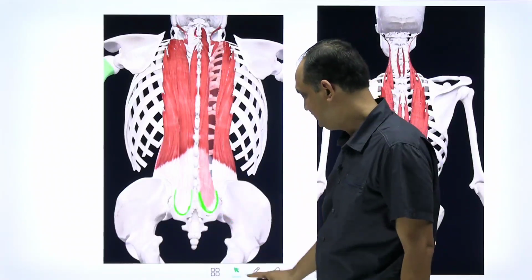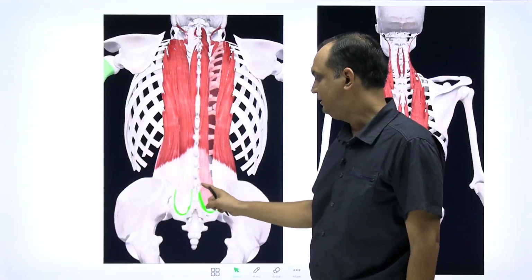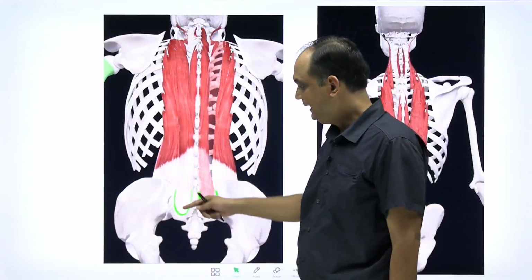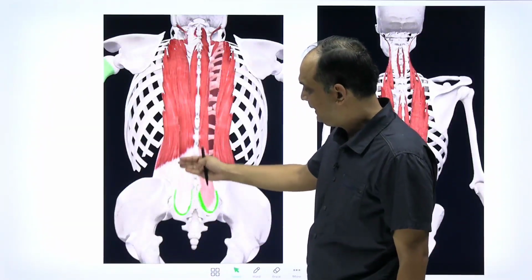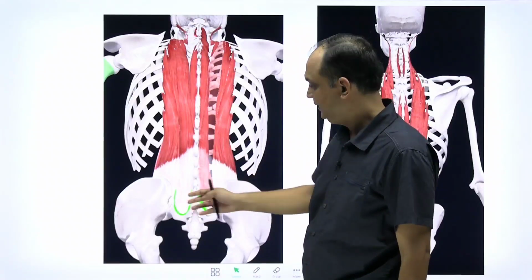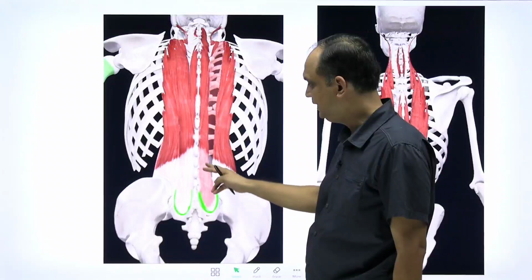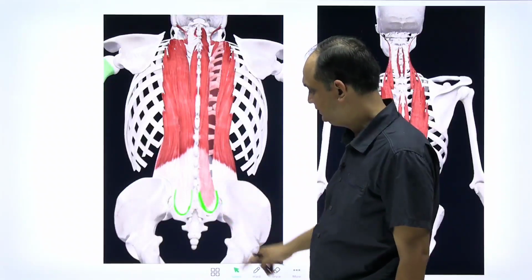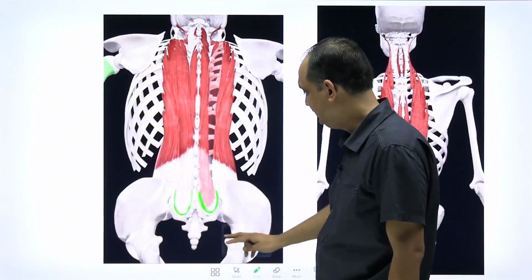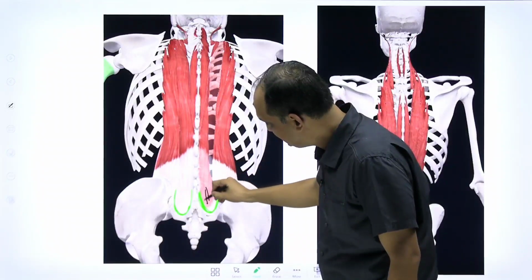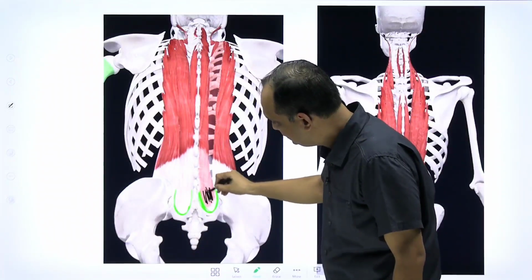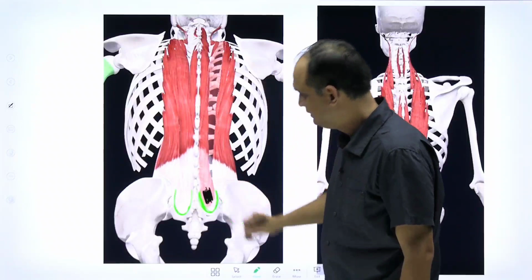If you see these two diagrams, the difference is that here the aponeurotic part of erector spinae is prominent, while here we hide that aponeurotic part. Deep to that, the fibers of multifidus are arising, and you can see that this portion is occupied by the origin of multifidus fibers. Clear?